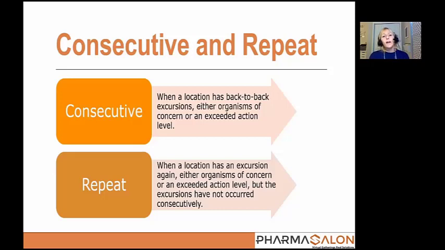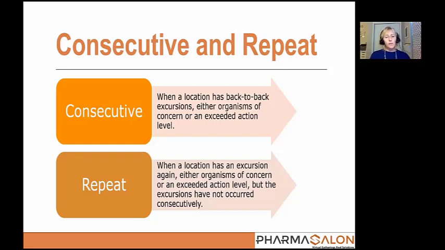So I define a consecutive excursion when a location has back-to-back excursions, whether it's an exceeded action level or that organism of concern, as I prefer to call it. You sampled, you got this organism, you sampled again, you got the organism. So that's consecutive. When I say repeat, this is when a location has an excursion again, either that organism of concern or an exceeded action level, but they're not consecutive, right?